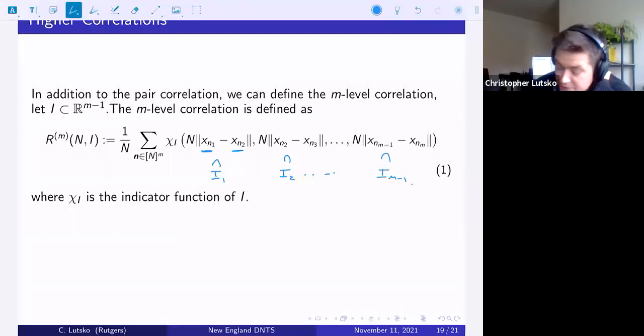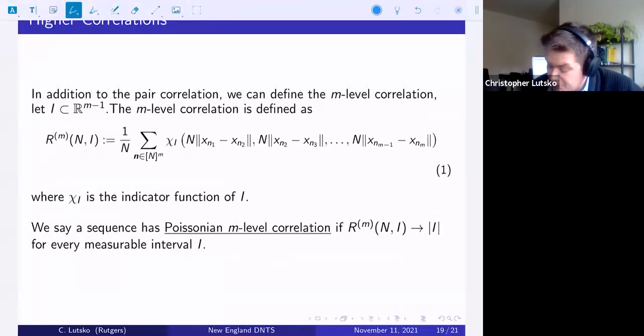So you're asking, what's the probability that if I have a point, there's another point nearby, and another point nearby that one, and another point nearby that one, etc., etc. So this is called the M-level correlation. And we say that a sequence has Poissonian M-level correlation if this function converges to the measure of the interval.